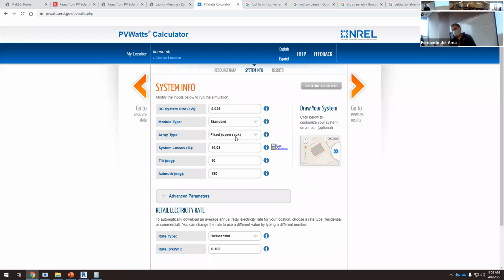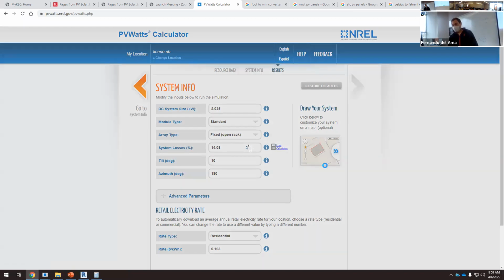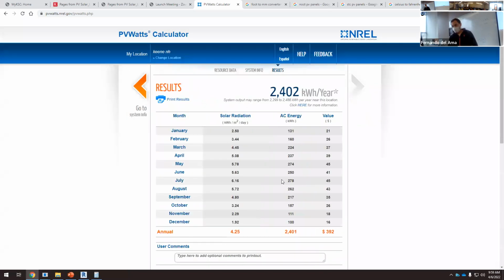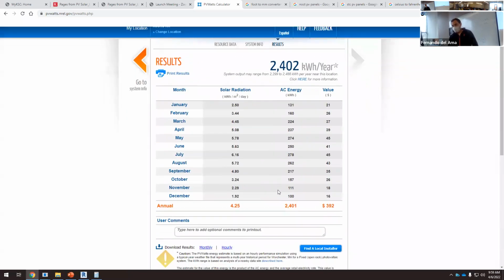Now, is this standard? Is this premium? Is this fixed open rack? We have the system losses. We don't know, but let's calculate this and see what happens. Okay, so now the AC energy.